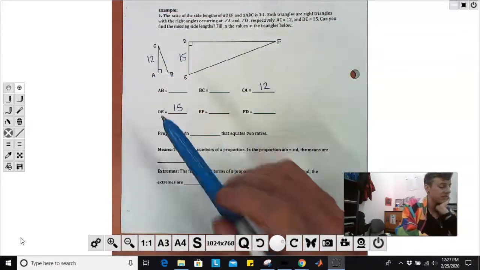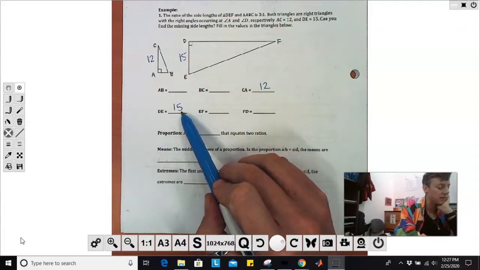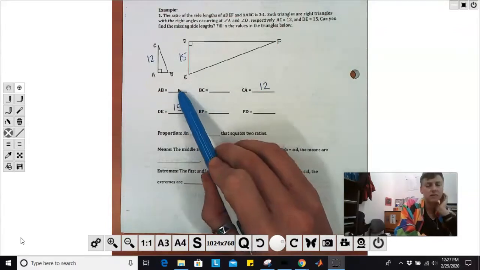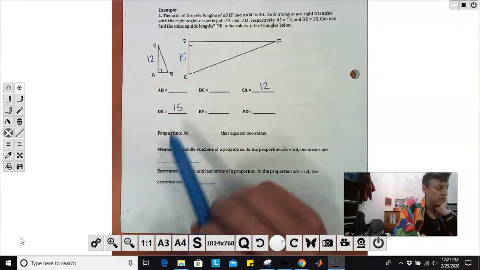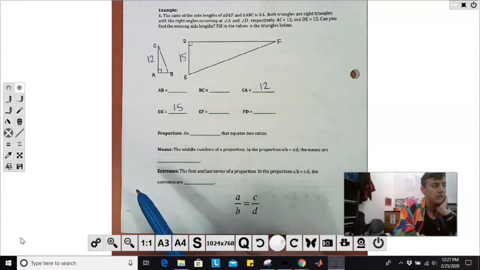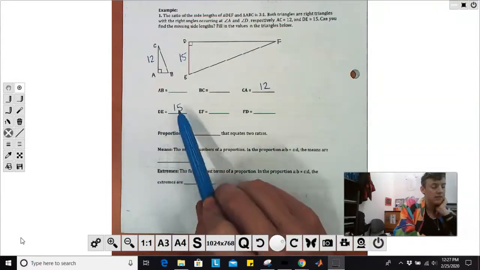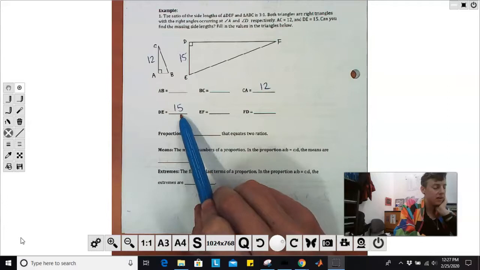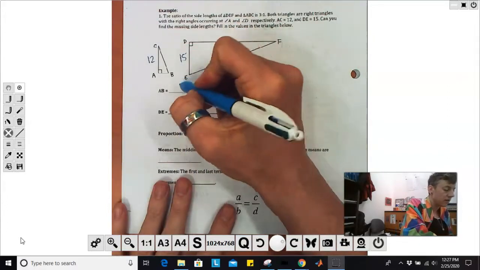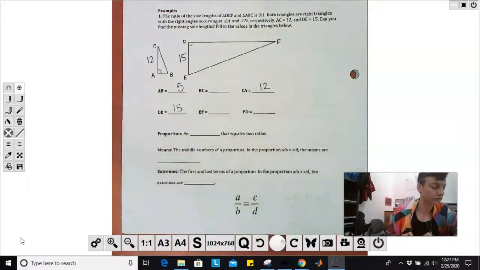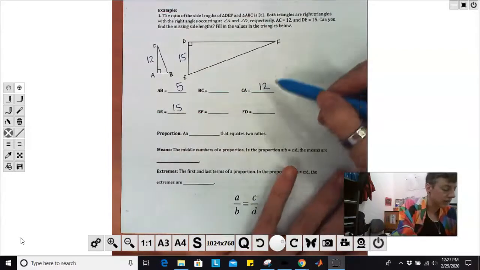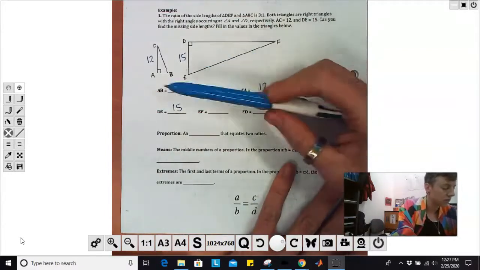We know the side lengths in DEF are 3 times as big as the side lengths in ABC. So that means DE is 3 times the length of AB. So AB is DE divided by 3, or 5. Cool. CA is the smaller one.